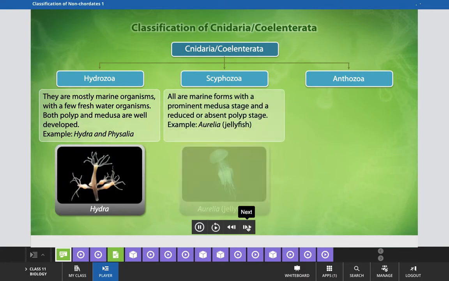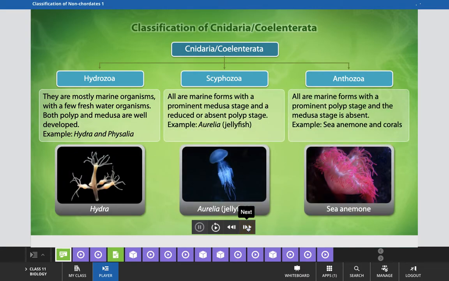Now, in detailed classification, the phylum Cnidaria or Coelenterata is further divided into three classes. Hydrozoa, in which Hydra and Obelia come. They are mostly marine organisms with a few freshwater organisms. Both polyp and medusa are well developed in this class.